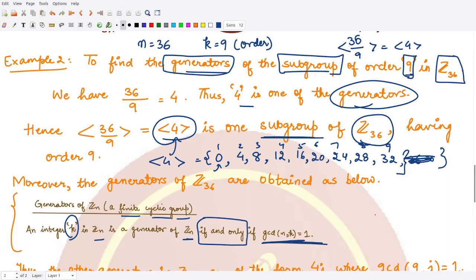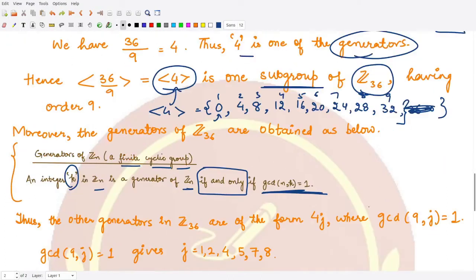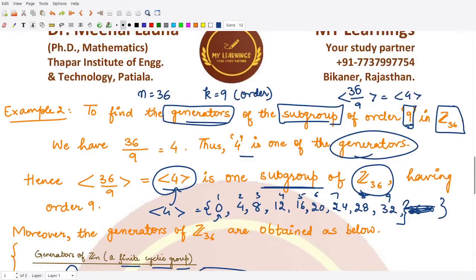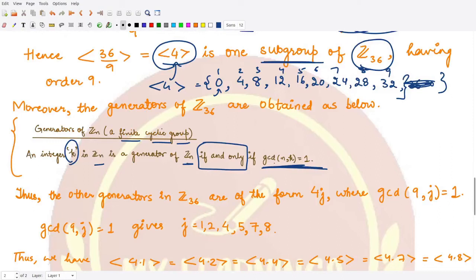Here the order is given to be 9, so we want all those numbers such that the GCD is equal to 1.